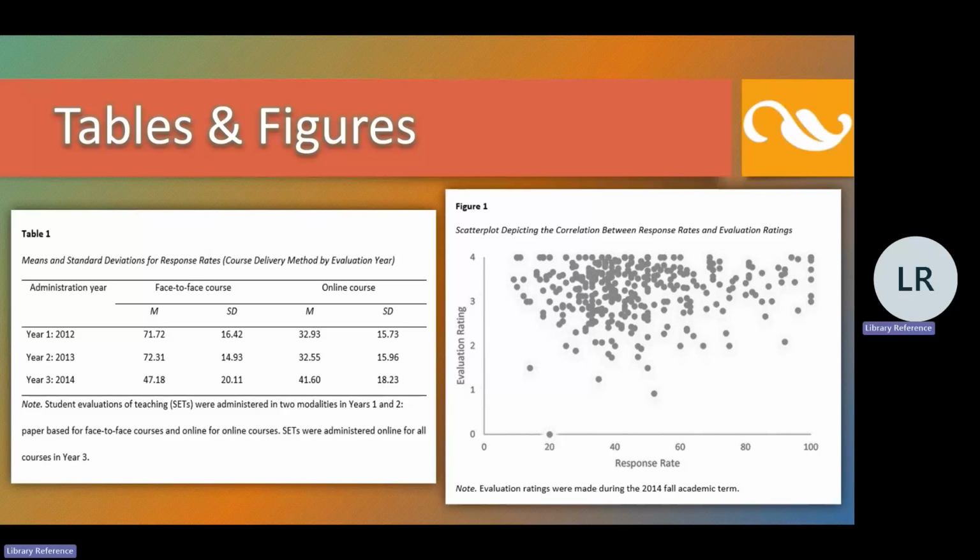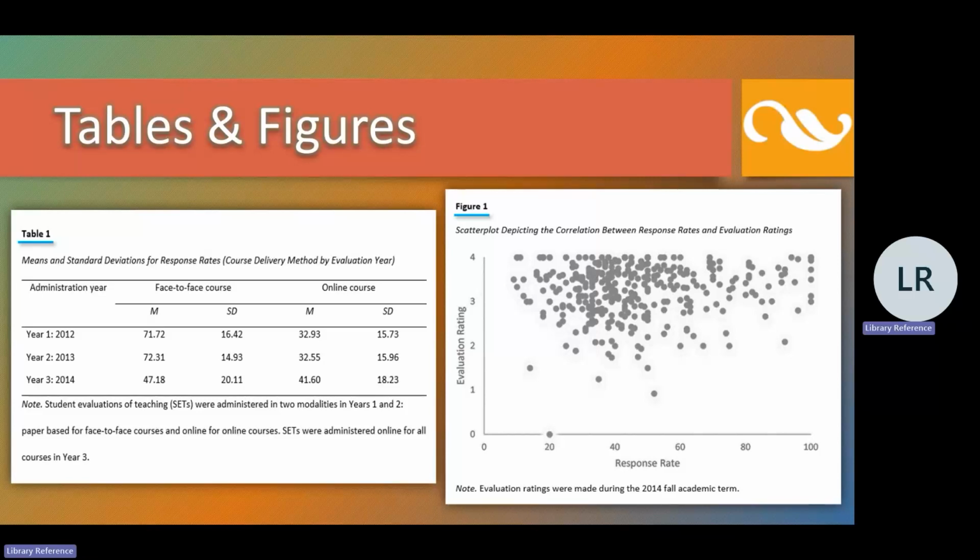Tables and figures are labeled using the word table or figure plus a number. So at the top of every single table or figure, you should have the label table 1, table 2, table 3, figure 1, figure 2, figure 3, depending on how many figures you have.